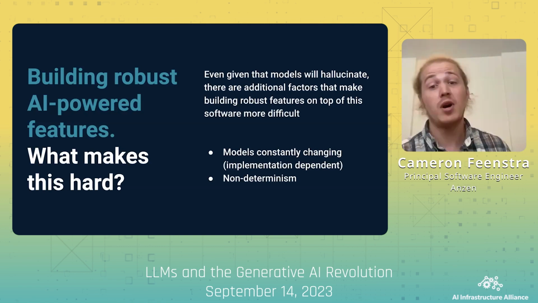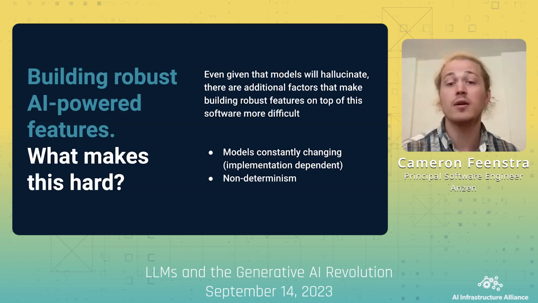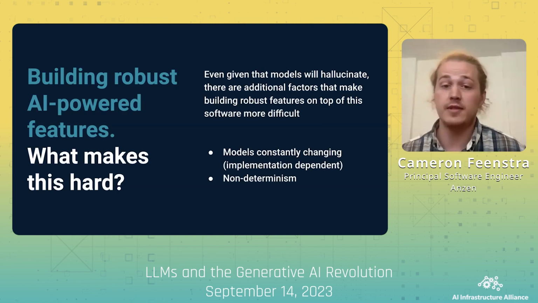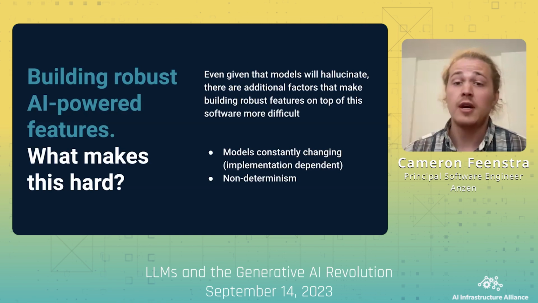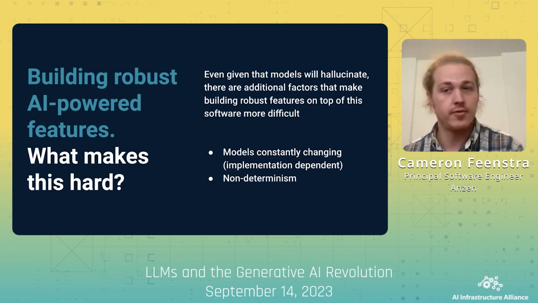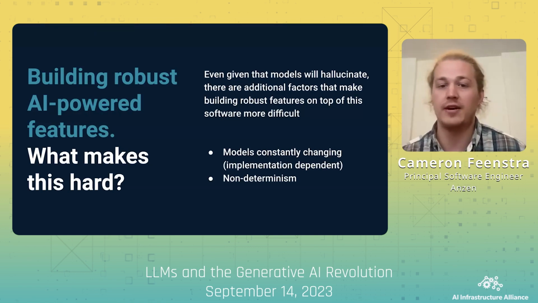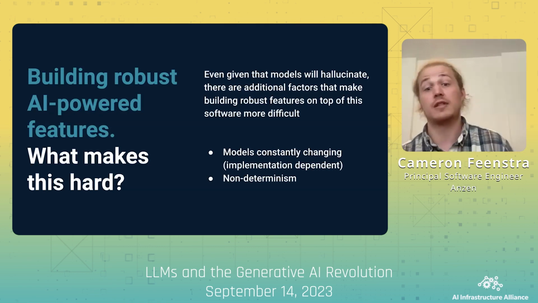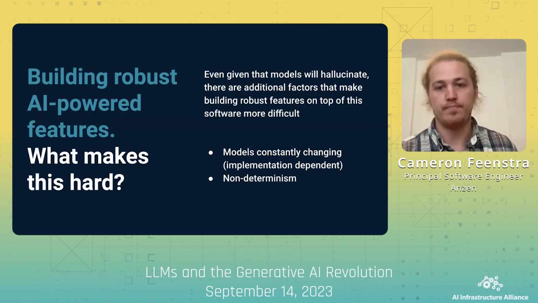And even assuming the models stay the same, these models are inherently non-deterministic. So if you give it the exact same input twice, it generally won't give you the same output, unless, for example, your provider is caching outputs for certain inputs. But in general, it won't give the same output for the same input twice in a row.